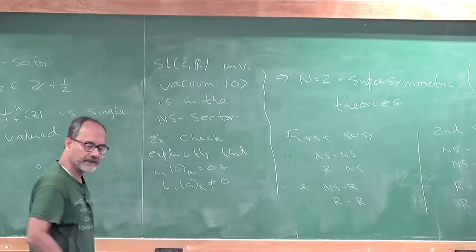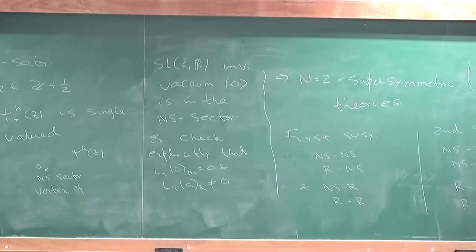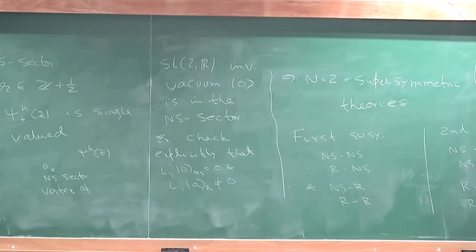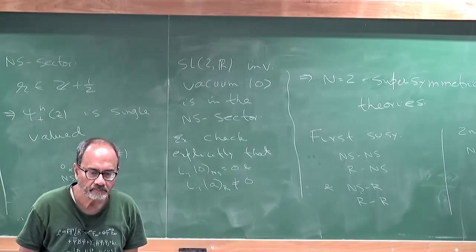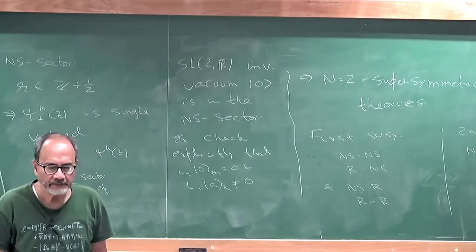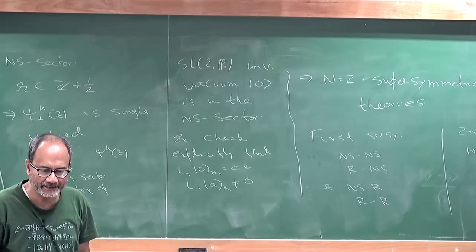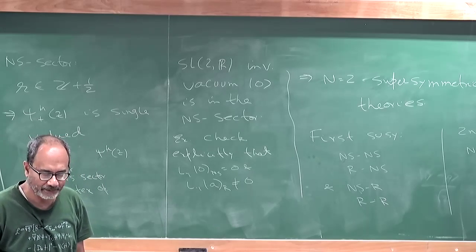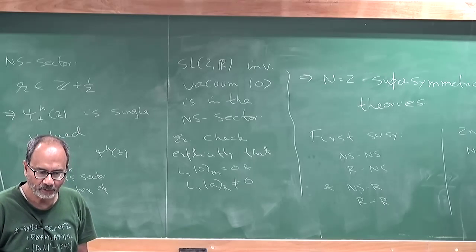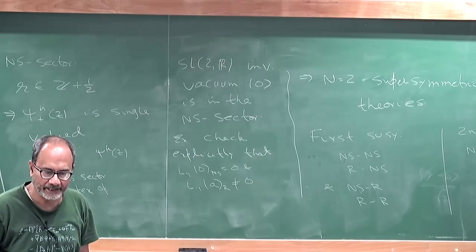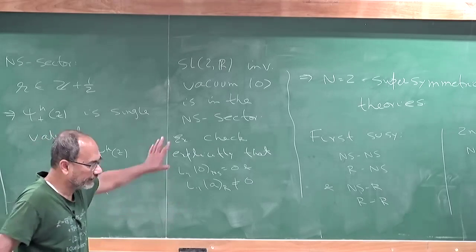The Ramond sector vacuum is characterized by the spinor index. L tilde minus 1 also. Right now I'm only talking about the vacuum in the NS sector. I could have been dealing with the RNS sector; whether the left sector is R or NS plays no role in this.